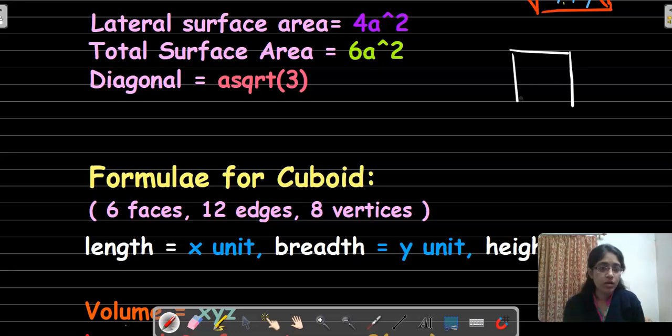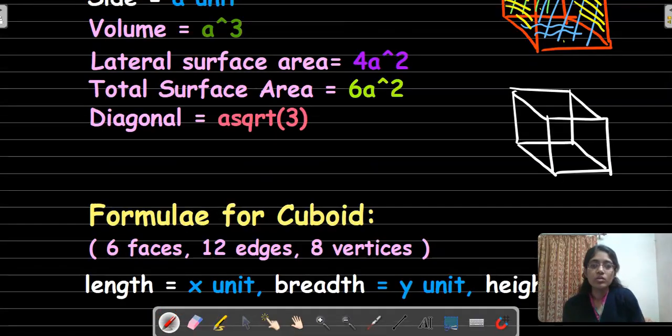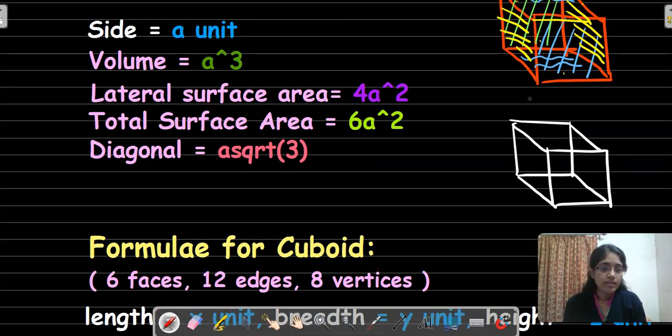All faces of a cube are squares. Let's suppose this cube has side a. That is, all edges of this cube have length a. So what will be volume? Volume is a cube.